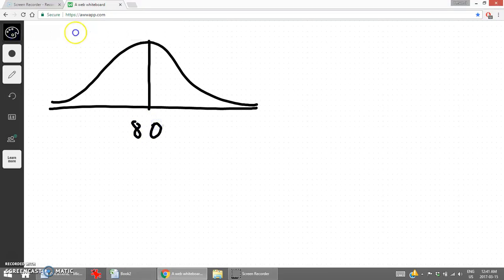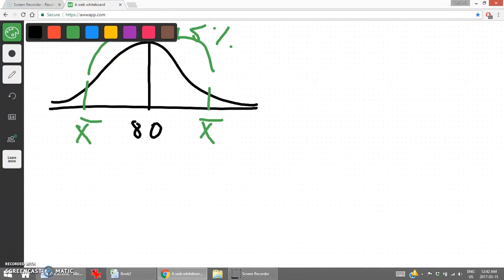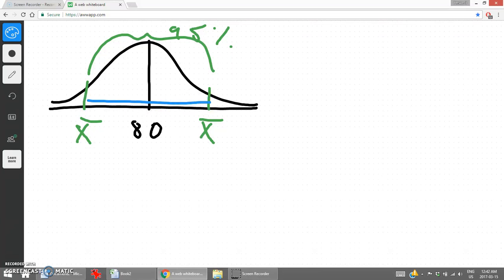What we want to know is the interval that contains 95%. 95% of all the sample means is going to be between these x values. First thing we want to do with this question is find the Z value that corresponds to a certain area. 95% is all within that area there. It's an interval, so it's just split evenly on both sides of the mean.